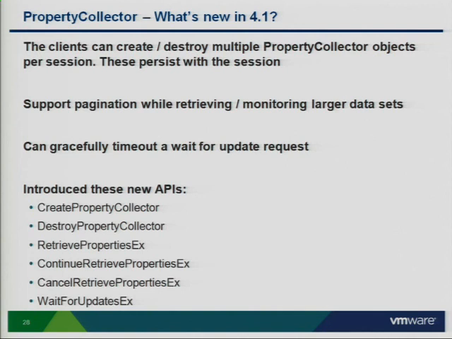When you create a property filter, you have to associate that filter with a specific property collector. With this create property collector, you could create any number of property collectors you want. But again, as the number of property collectors that you create increases, you're putting that much more load on VC. So the primary use of creating multiple property collectors is, let's say you have a use case where you want to wait for updates on properties of 2 different types of objects in multiple threads.